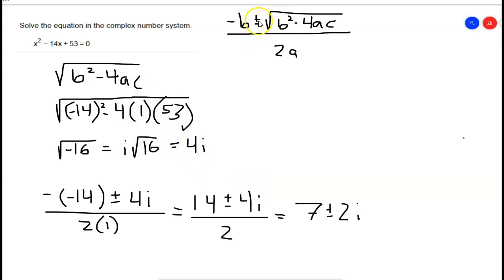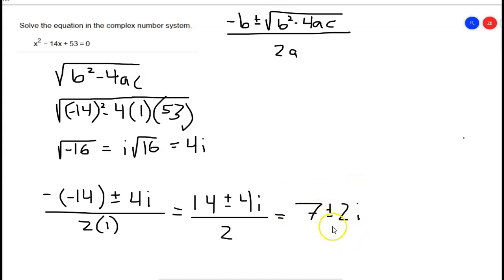So finally, I just went back to the quadratic formula equation, plugged everything in. The discriminant here, I already figured that out, so I didn't have to write the whole thing again. Simplified it. Then I broke it up into two fractions here: 14 over 2 plus or minus 4i over 2, and that becomes 7 plus or minus 2i.